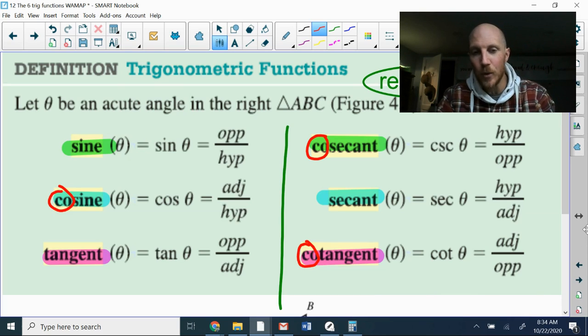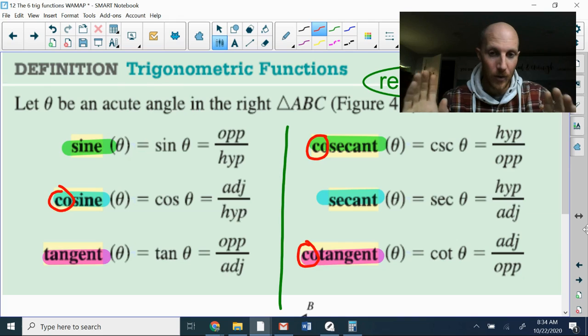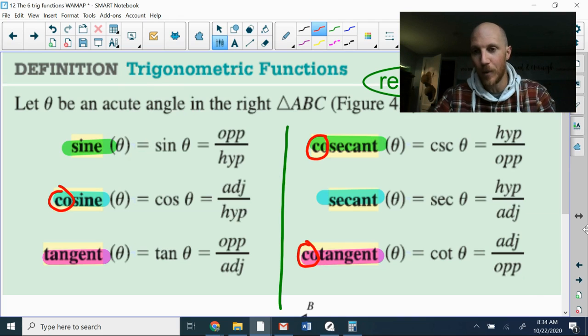The names are the important thing we have to memorize, along with the ratio used to create each one. Hypotenuse over opposite is cosecant. Hypotenuse over adjacent is secant. Adjacent over opposite is cotangent. The more we use them, the easier it is to remember them, but we'll probably need to spend some time memorizing.